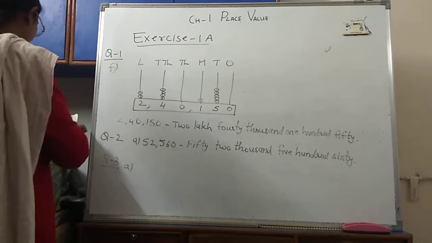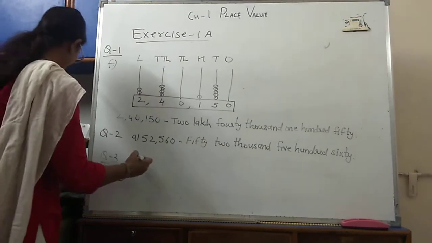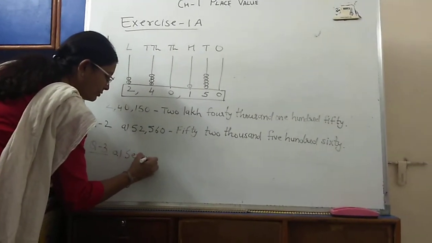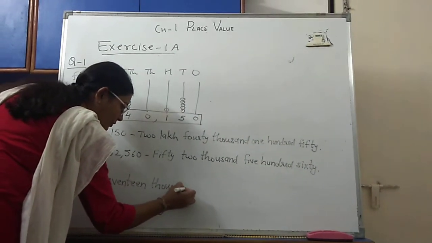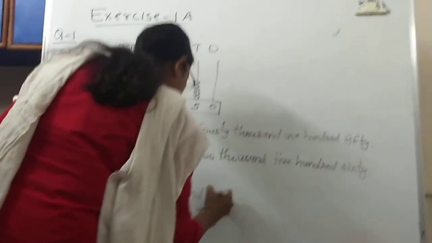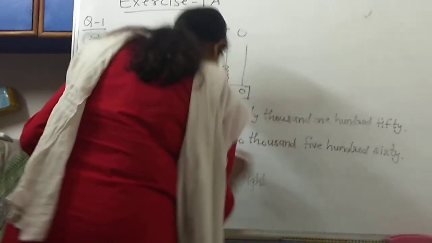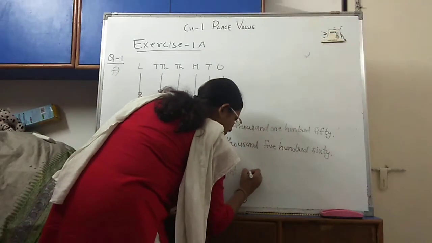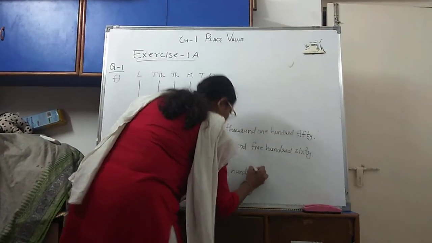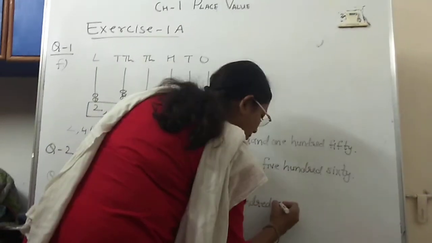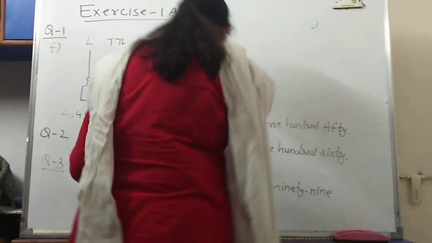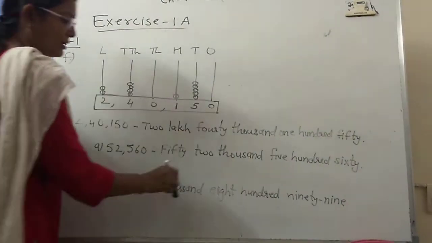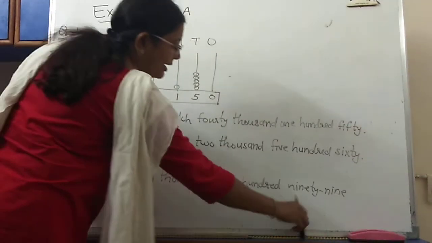In that also, number A, 17,000 800 99, that is 17,899, right?